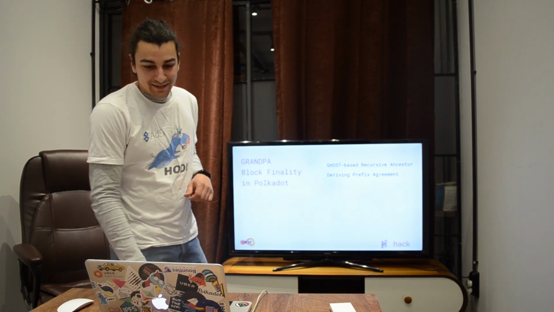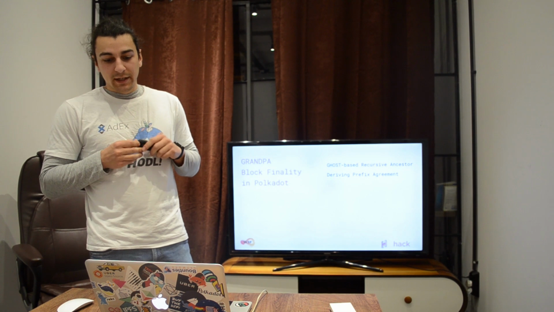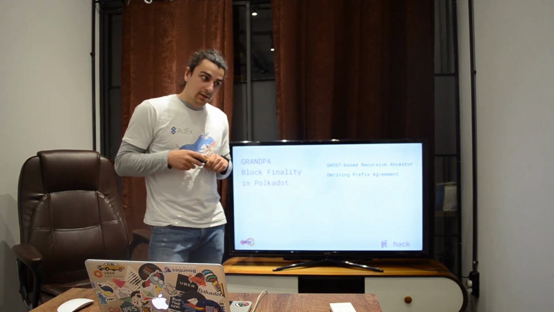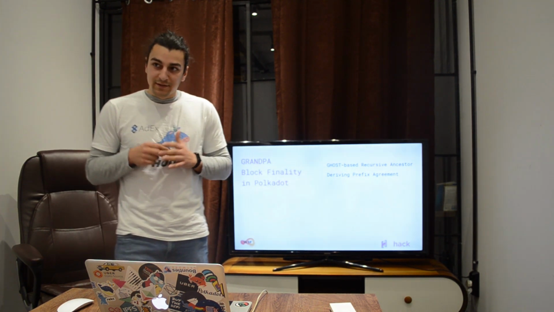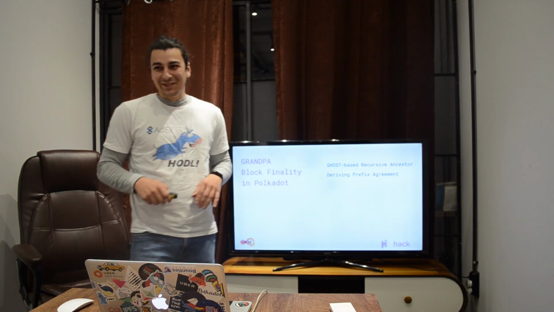You will now understand why. So, for short, Grandpa is the idea of incorporating the blockchain structure into the consensus algorithm. So, in a bit, you'll know what I said just now.